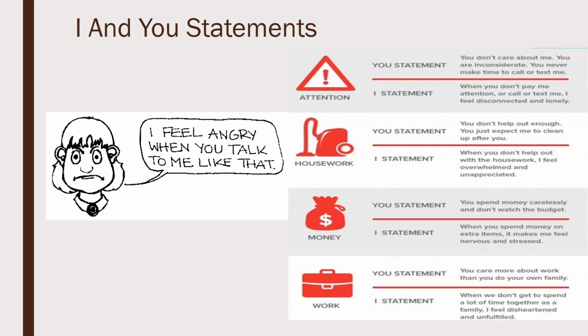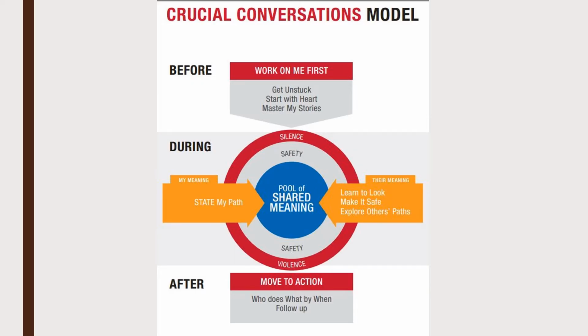What's happening here? Again, all of this has to do with this pool of shared meaning and creating this place of safety. And this is so vitally important. I know I keep coming back to it, but the reason why teams fall apart, there's a saying that I read the other day: people don't quit a job.